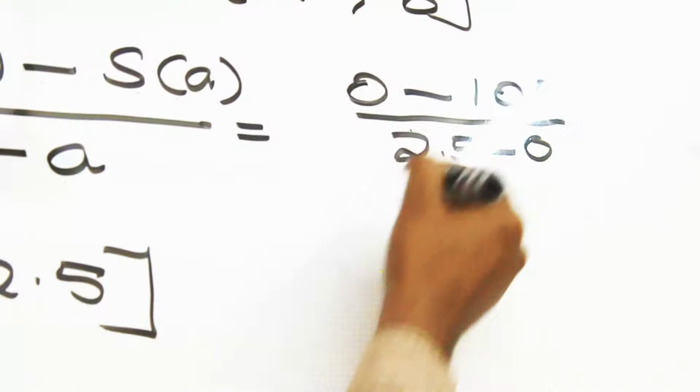So it will be equal to minus 100 by 2.5, which is minus 40 meters per second.